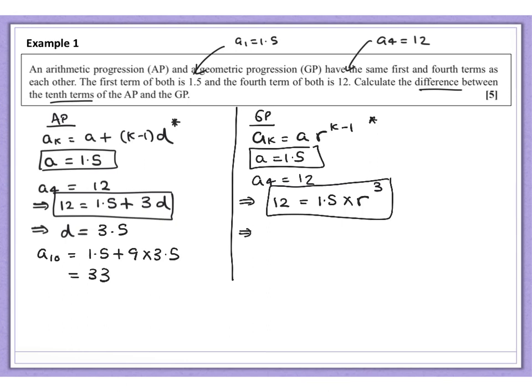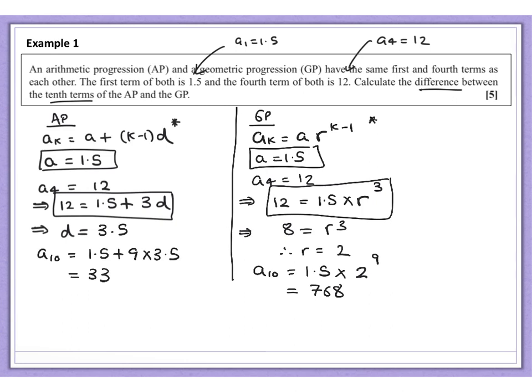Divide both sides by 1.5, so you get 8 equals r cubed, and r then very simply equals 2. So now a10 is equal to a, which is 1.5, multiplied by r, which is 2, to the power of 9. Substitute in, and this gives a10 equal to 768.